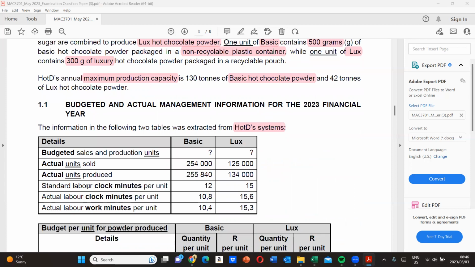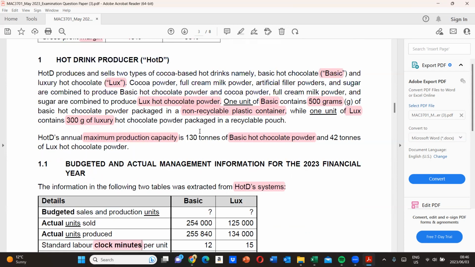We are given standard clock minutes per unit: there's 12 and then there's 15. Let's see what else we have. We're told 1 unit of basic contains 500 grams of basic hot chocolate powder, while 1 unit of lax contains 300 grams, and so forth.